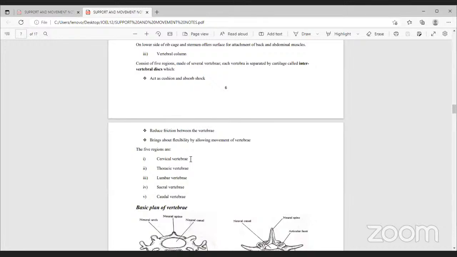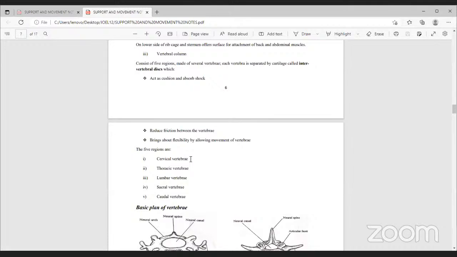So each bone, for example, the sacral vertebrae, the bones that make up the 5 sacral vertebrae, have the same appearance. They appear the same way. So we are going to be looking at one region at a time: the cervical vertebrae, thoracic vertebrae, lumbar vertebrae, sacral vertebrae, caudal vertebrae.